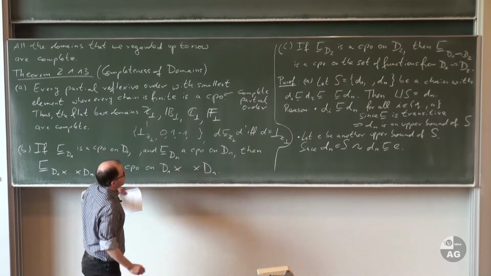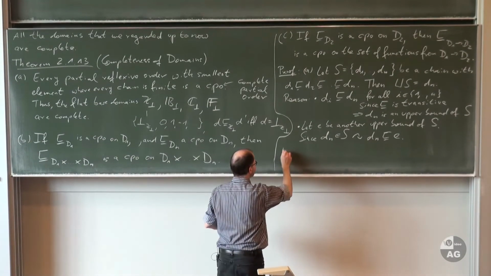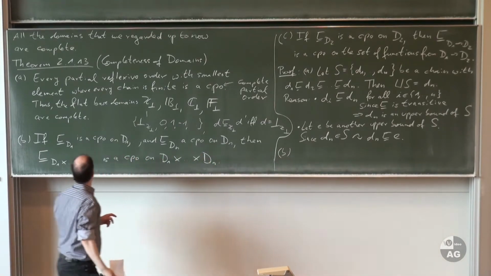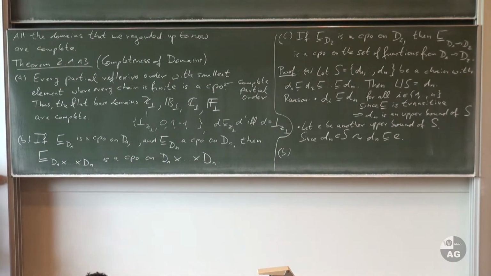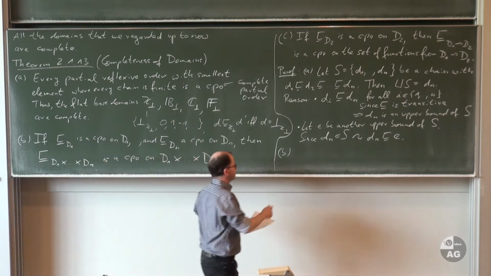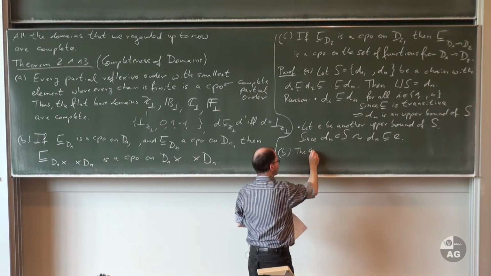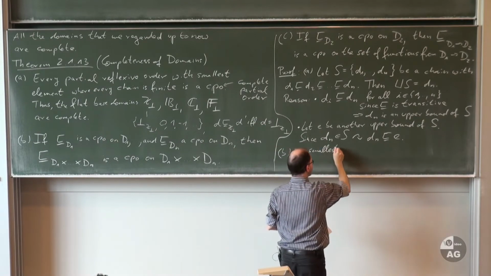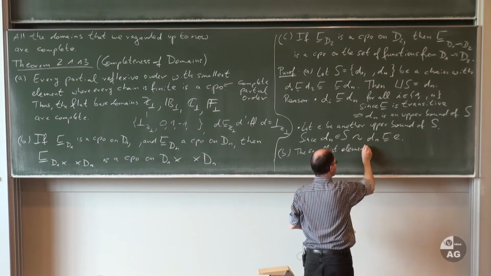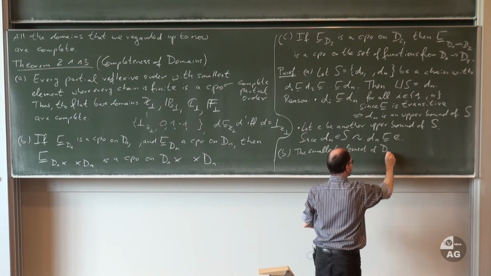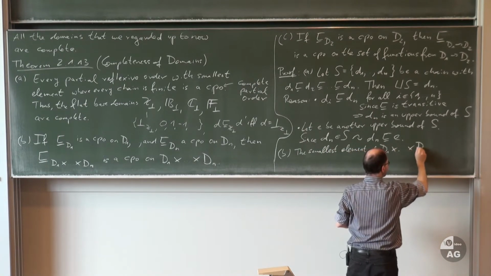Now, let's look at part B. In part B, we have to prove that these less defined or equal relations are complete on these Cartesian products. So the first thing is we have to show that there's the smallest element. What's the smallest element of D1 cross ... cross Dn?